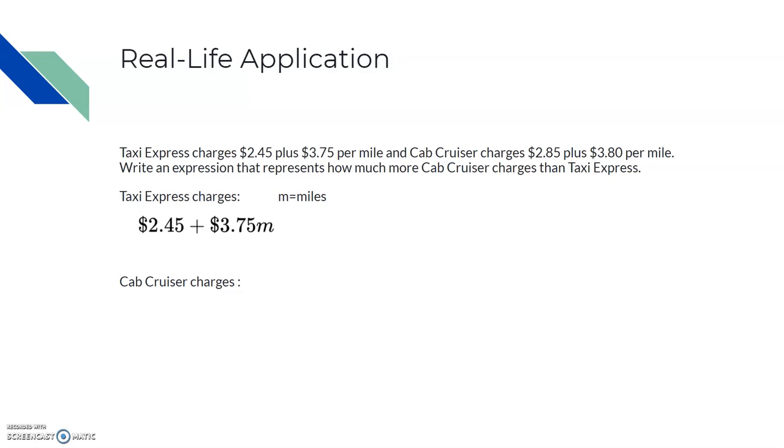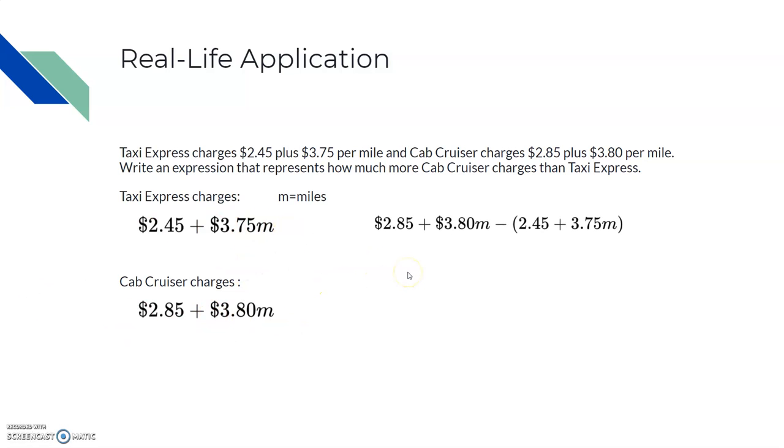Per mile is 1 mile. So we don't know the quantity of miles, so we just put the unknown variable here next, times the number for 1 mile. And now, Cab Cruiser. We have $2.85 plus $3.80m. It's the same thing as this.